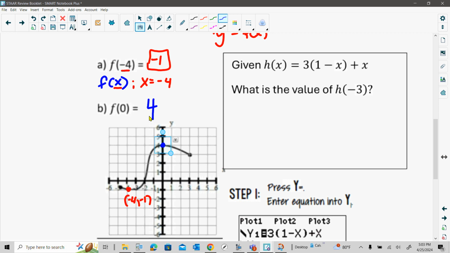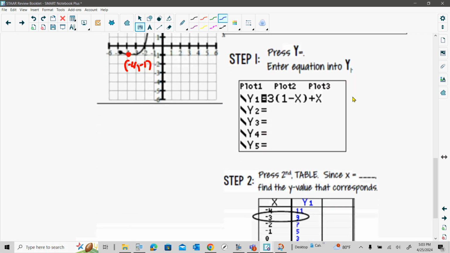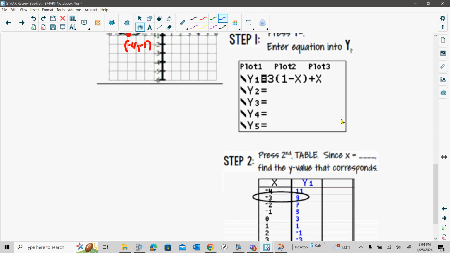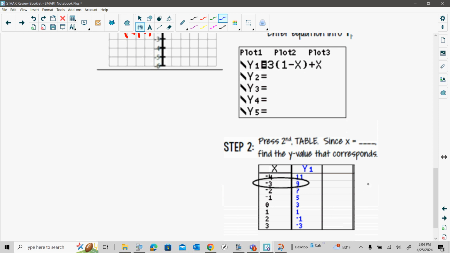All right, so given we have just the function h of x, what is the value of h of -3? So here's our steps if we want to use a calculator. Anytime I see function notation, I can think of it as y equals. So we're going to put the equation in the calculator, and then we're finding h of -3. So that is when x equals -3.